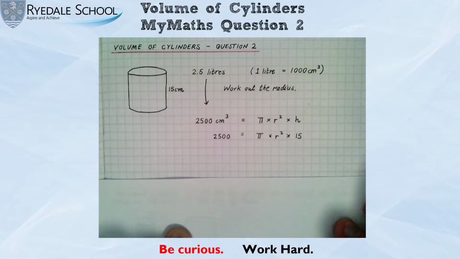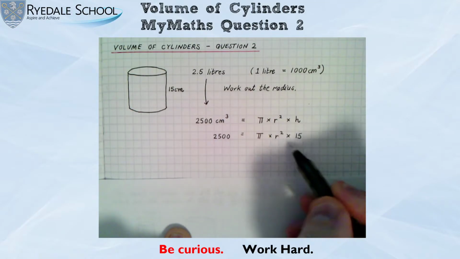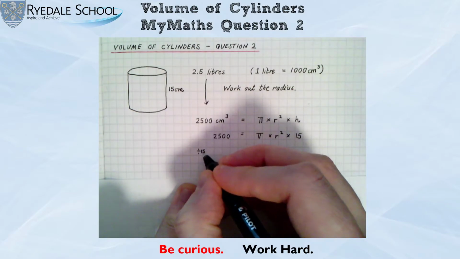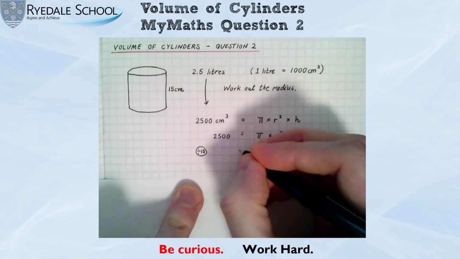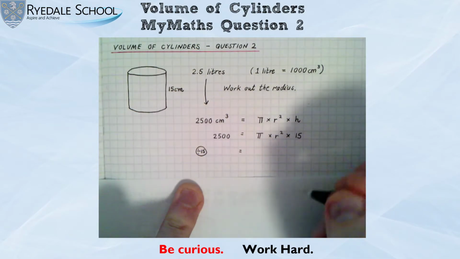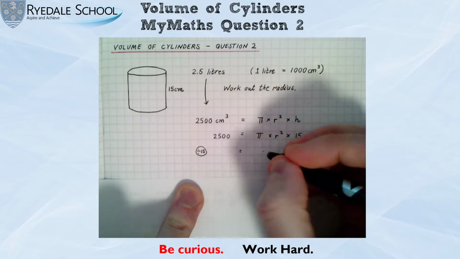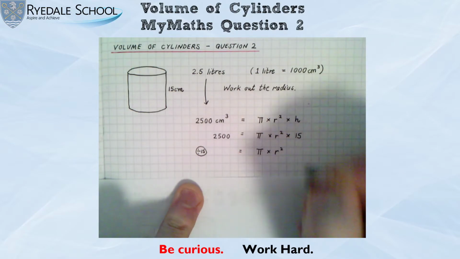The next step is to use some inverse operations. It's a little bit like thinking of this as an equation and solving it as an equation. I've got a times by 15, so I'm going to divide both sides by 15. If I divide by 15, that will remove the times by 15, and I'll just be left with pi r squared.